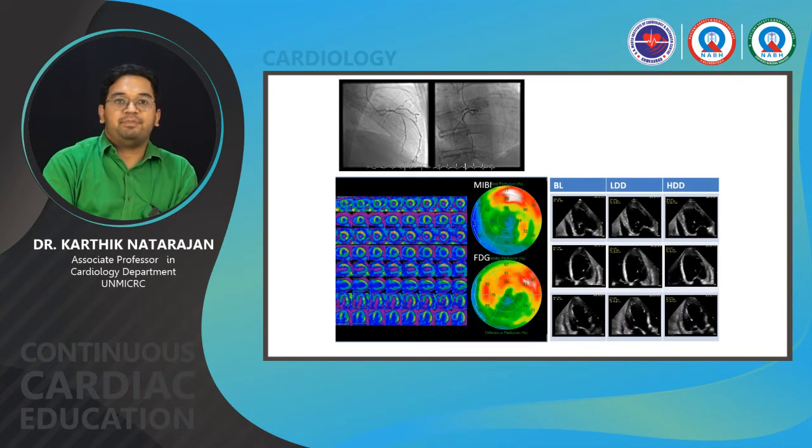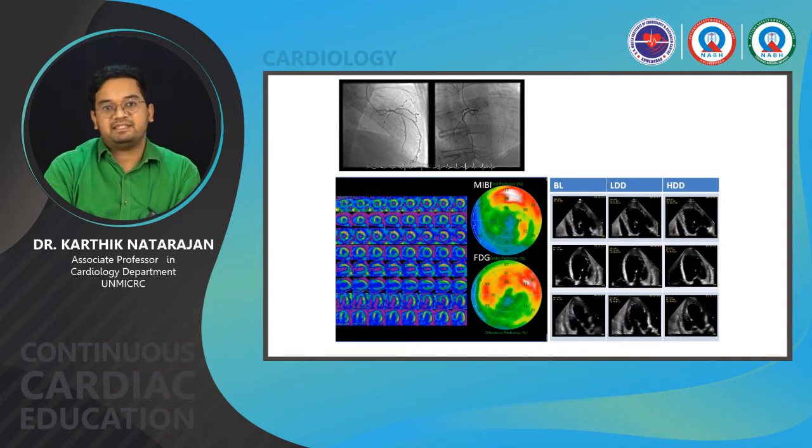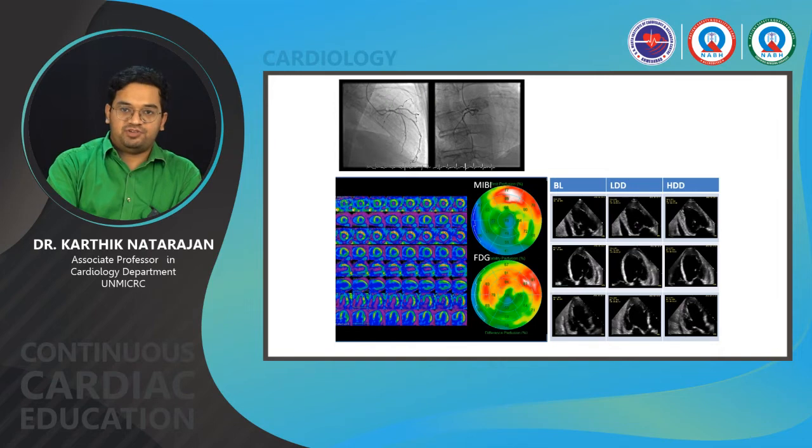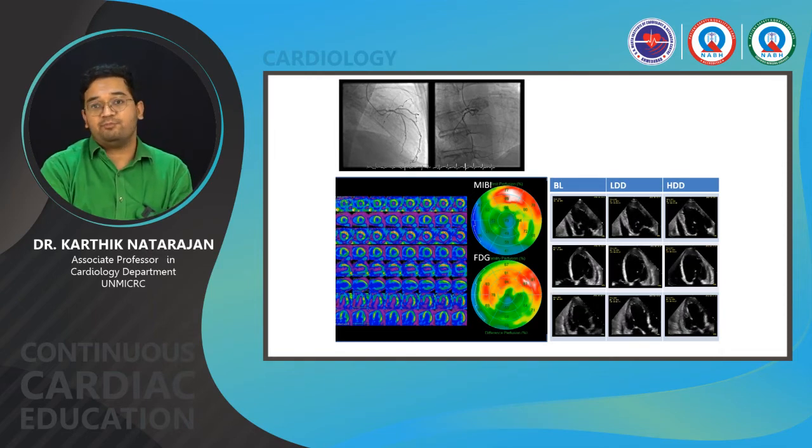This is another example. You can see that the patient has very severe triple vessel disease. When the echo was done at baseline with low dose and high dose dobutamine, you can see that it is showing an absent response. There is a wall motion abnormality at rest, and with low dose and high dose dobutamine there is no improvement, no increase in wall thickness, no improvement in the wall motion abnormality, indicating non-viability.